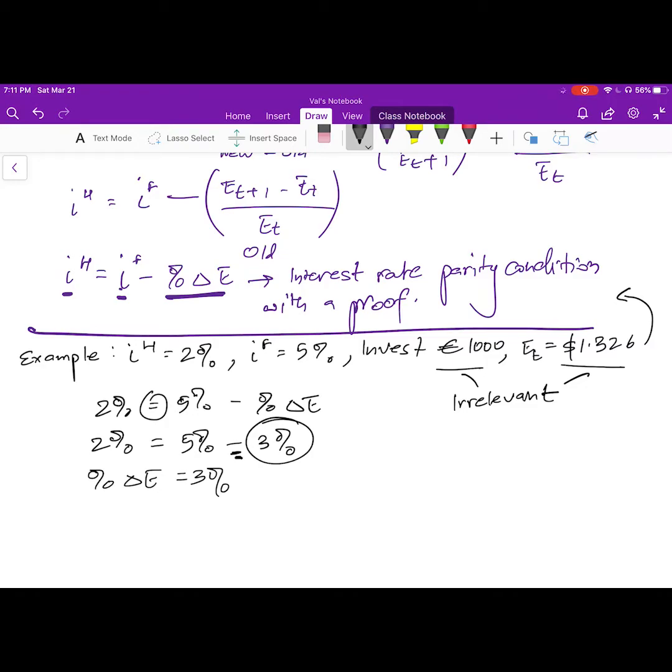It means that the exchange rate has to depreciate, right? So the exchange rate between euro and dollar will depreciate by 3%.